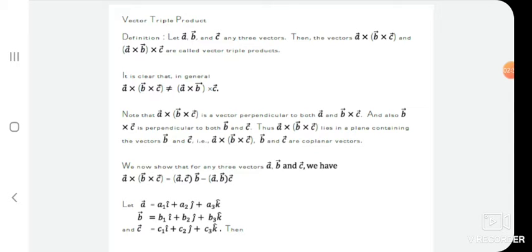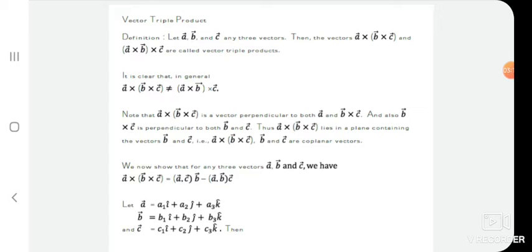Note that a cross (b cross c) is a vector perpendicular to both vector a and b cross c, and b cross c is perpendicular to both vector b and c. It means the cross product of b with c gives another vector, the resultant vector of b and c, which is perpendicular to the vectors b and c.